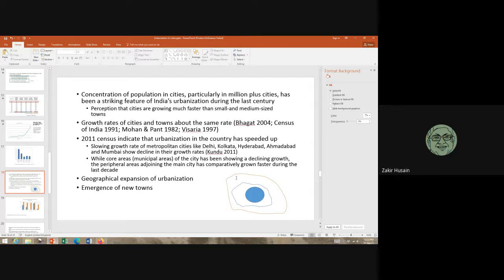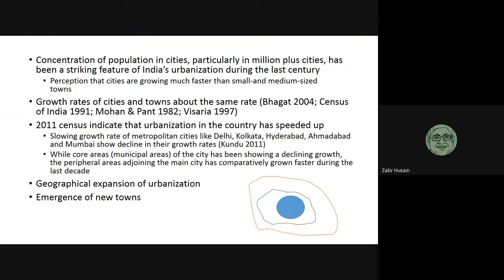In the south, Sonarpur, Baruipur, these are growing very fast, and this is leading to the fast growth of the metro cities. So basically what is happening is a geographical expansion of urbanization. It is not growth over here, but simply that urbanization is spilling over and the surrounding areas are becoming part of this urban conglomeration.